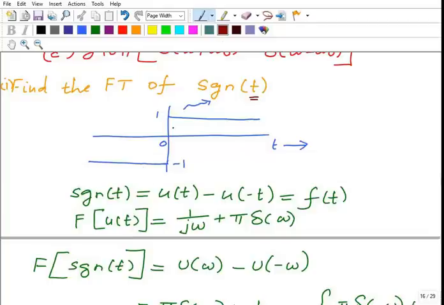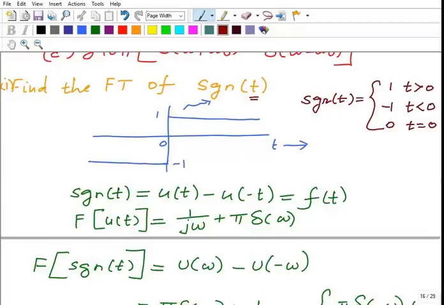So this will look like a step. So sine of t is 1 for t greater than 0, minus 1 for t less than 0, and 0 for t equal to 0. This type of signal is called the signum or sine function.